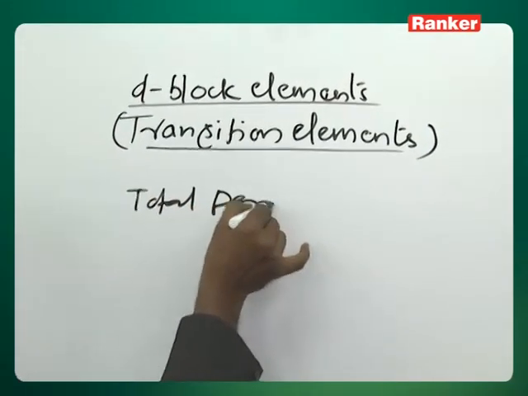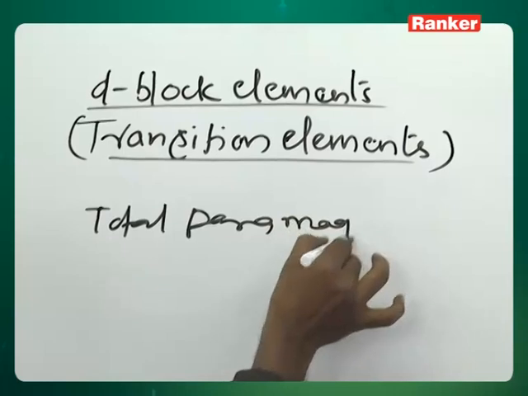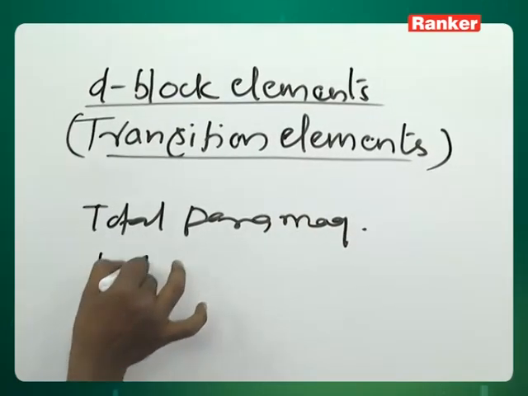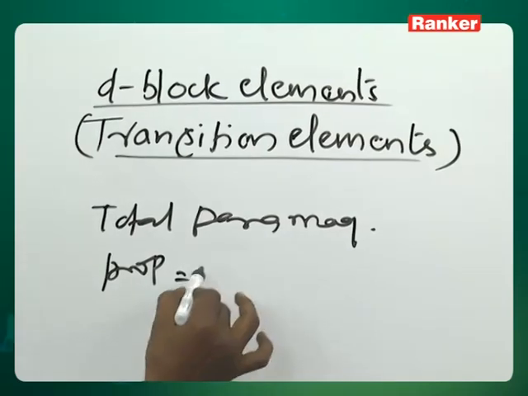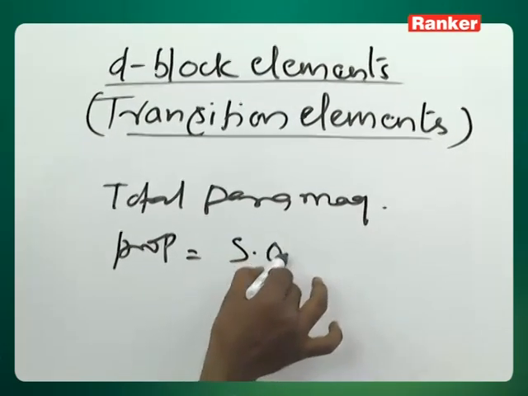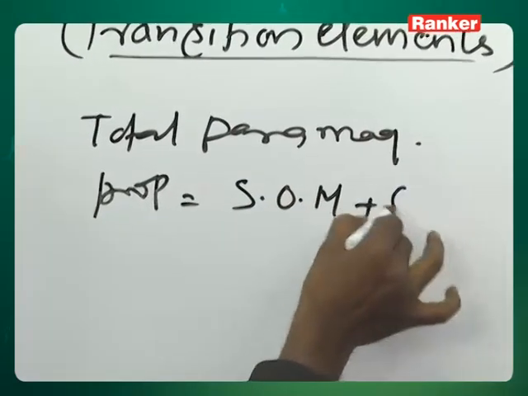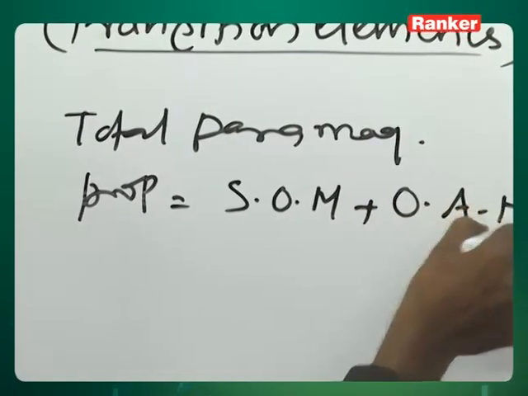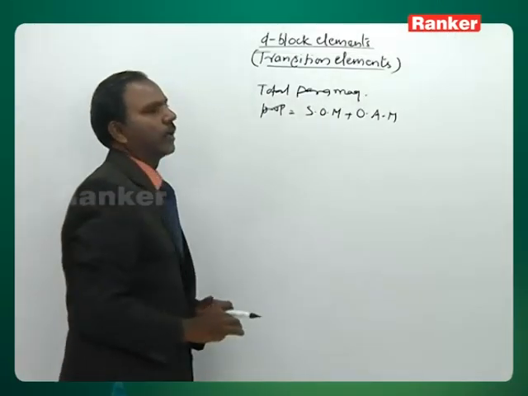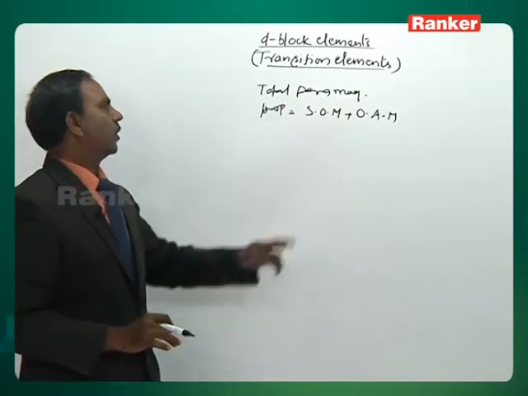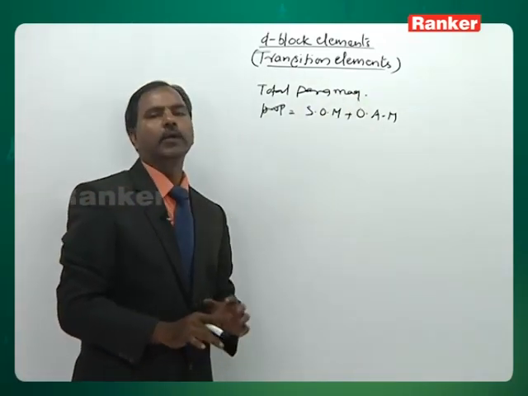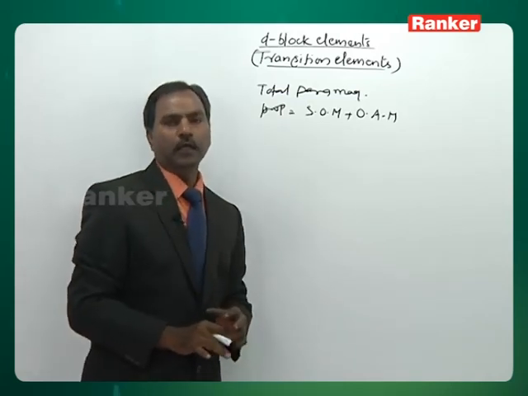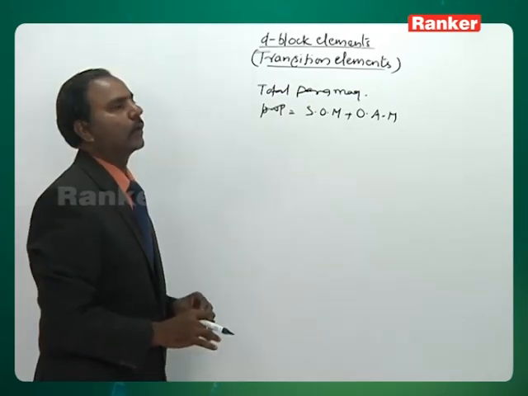Total paramagnetic property of any substance is equal to spin angular moment plus orbital angular moment. The total paramagnetic property of any substance is dependent on two factors: one is spin angular moment and the other is orbital angular moment.